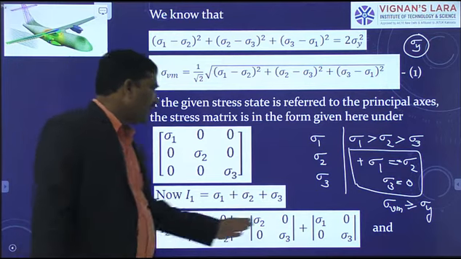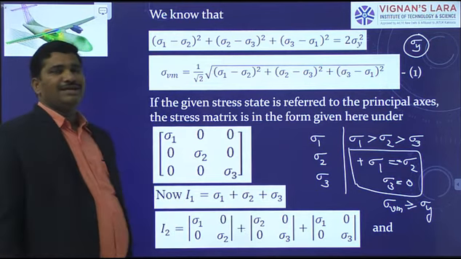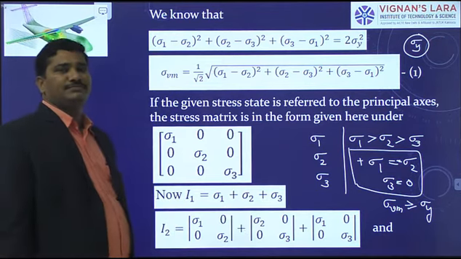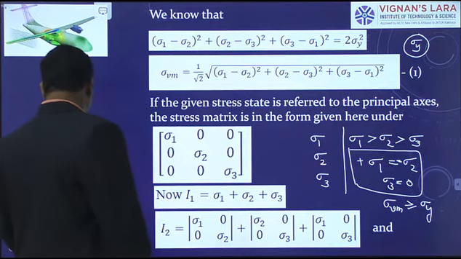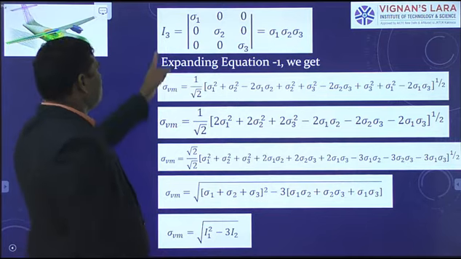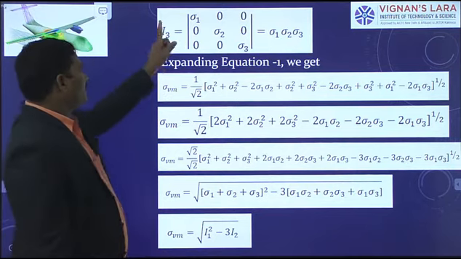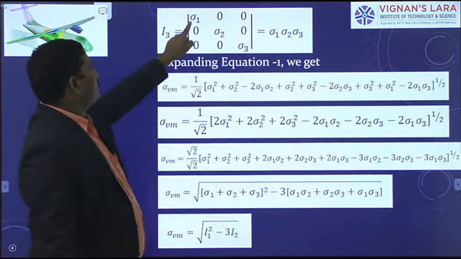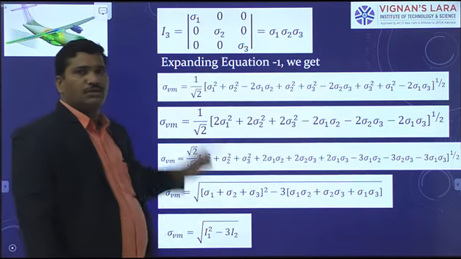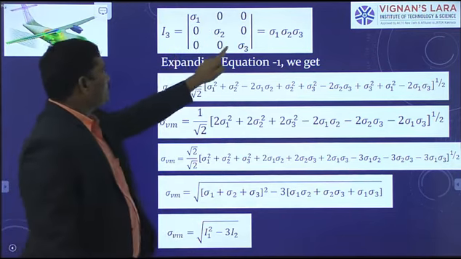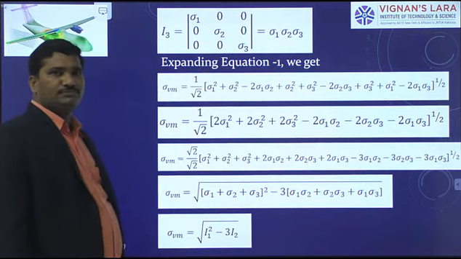This is how I define the second invariant of stress. Next, the third stress invariant: the determinant of sigma 1, 0, 0 in the first row, 0, sigma 2, 0 in the second row, 0, 0, sigma 3 in the third row.